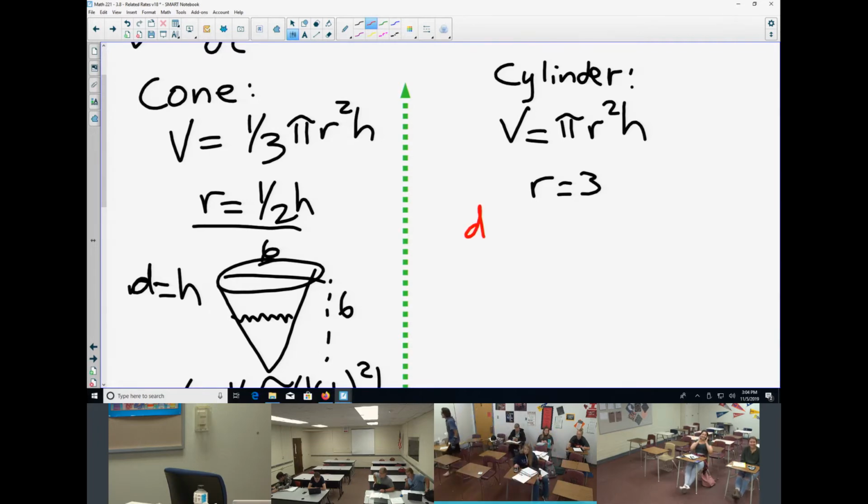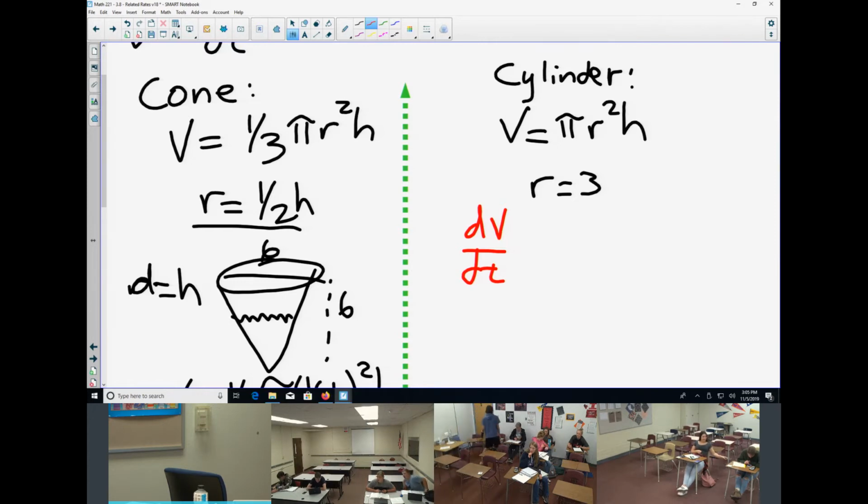So here the radius of the cylinder is always 3. So that's not changing at all. So I think we can just put that in as 3.